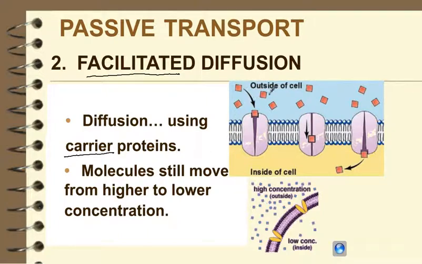And sometimes we said that molecules are just too big, or maybe they have a polar charge, so they can't just pass through the lipid bilayer. So this is where they're going to use those special protein channels to be able to pass in and out of the cell. Okay, so the only difference between regular diffusion and facilitated diffusion are these protein channels.